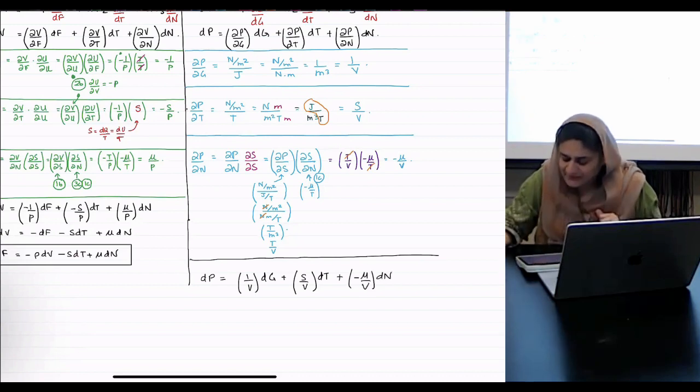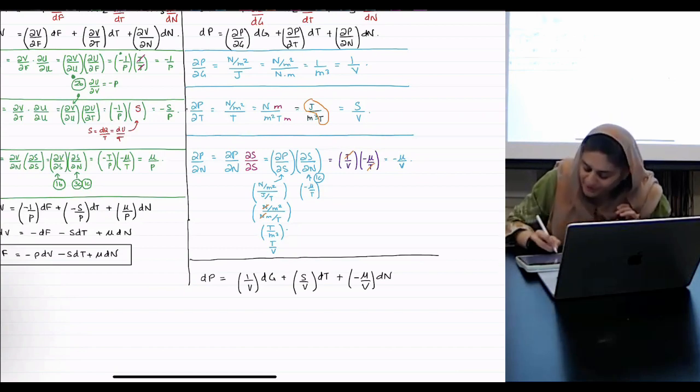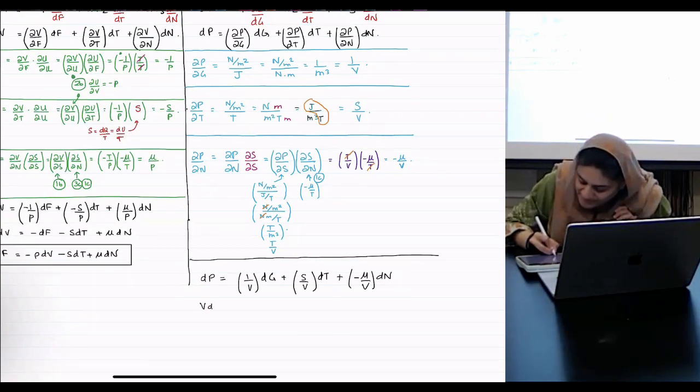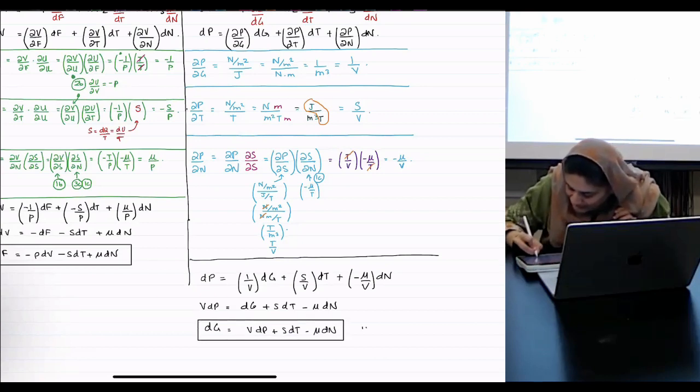Am I missing anything? No, we're good. So V's on all the sides can go on to the other place. dG will just be V dP plus S V dT minus mu dN. Yay!